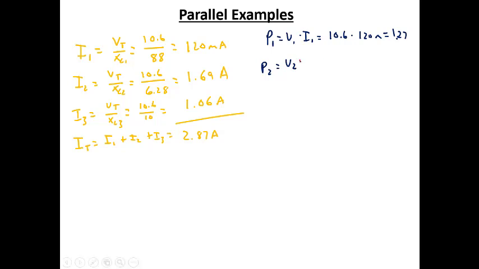P2 is V2 times I2, so that's 10.6 times 1.69, and I get 17.9 for that one. P3 is V3 times I3, so 10.6 times 1.06.